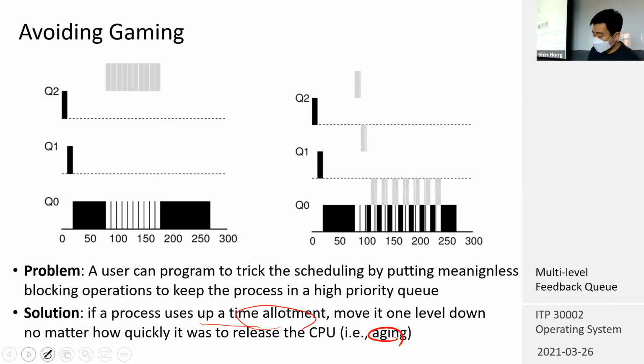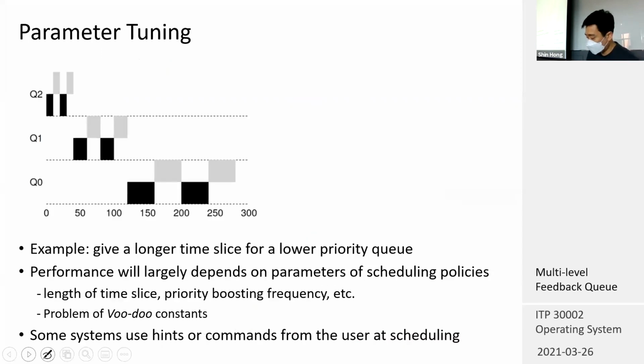For example, this gray one uses a lot of time overall, although it can be said to be interactive. It already uses much time on the CPU, so it should be evicted by lowering its priority. This is the idea of aging.